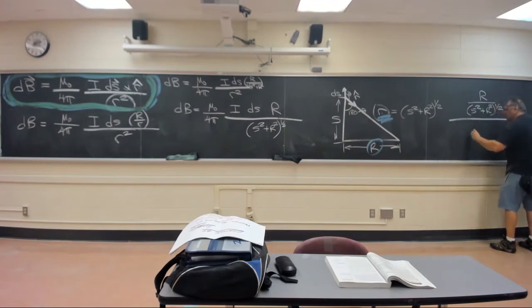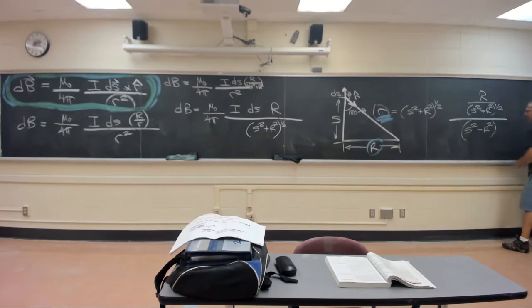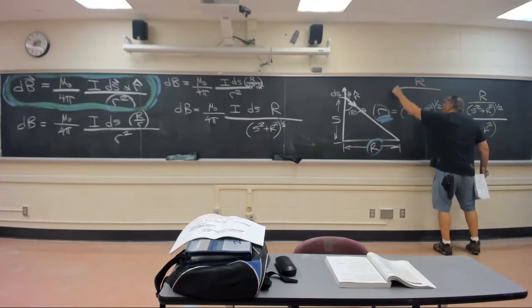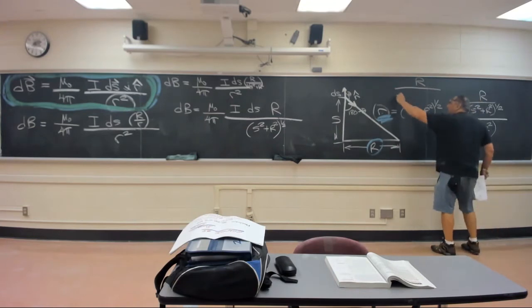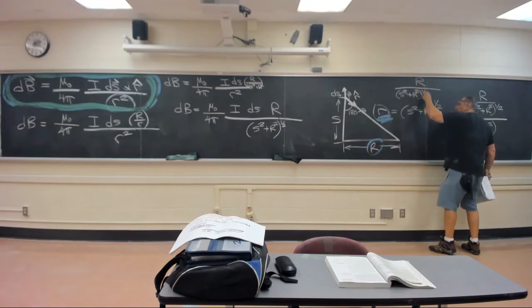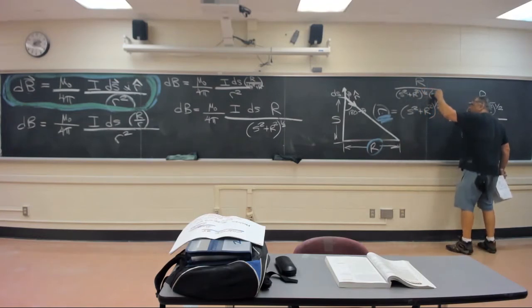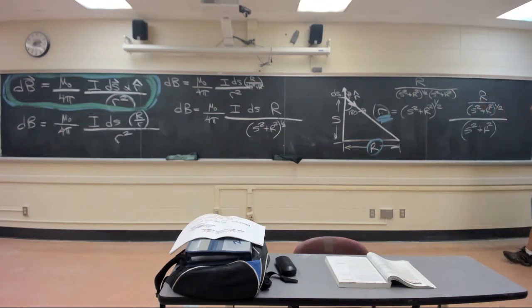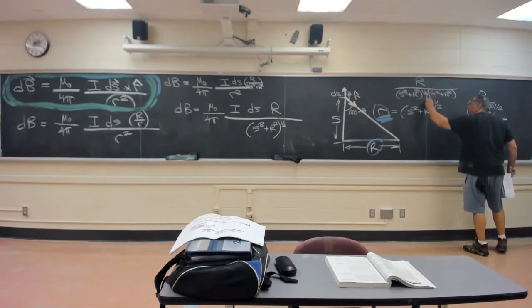And let's just talk about this guy. It was that, which is really to the 1/2 squared, and you get this. Okay. Well, that right there is just R over, this guy comes down, and you got S squared plus R squared to the 1/2 times S squared plus R squared. True, absolutely true.